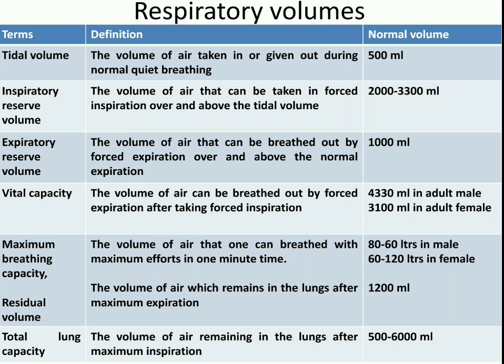Number 4, vital capacity, the volume of air that can be breathed out by forced expiration after taking forced inspiration. In the previous two, we had forced inspiration and forced expiration separately. Here these two will be done together, respectively.